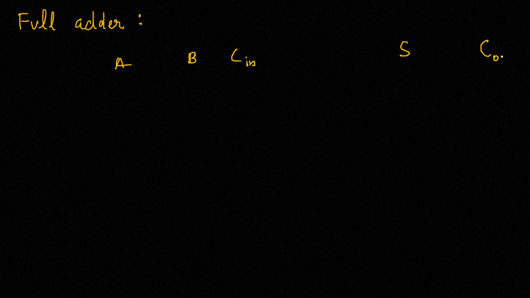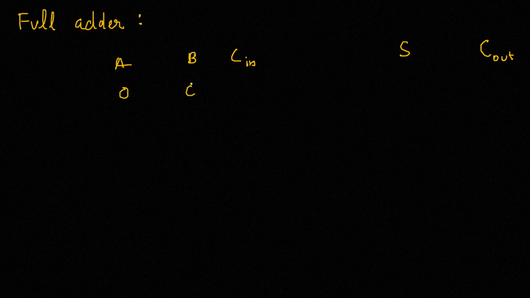For three inputs, we use a little more complicated version of an adder called the full adder. Here we are given three inputs, and similar to what we did for a half adder, we take the sum and carry for each possible input, and then we represent the sum and carry using logic gates.